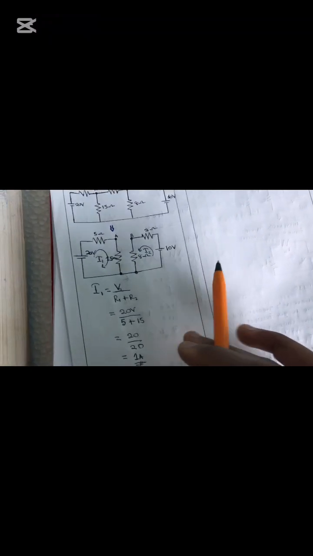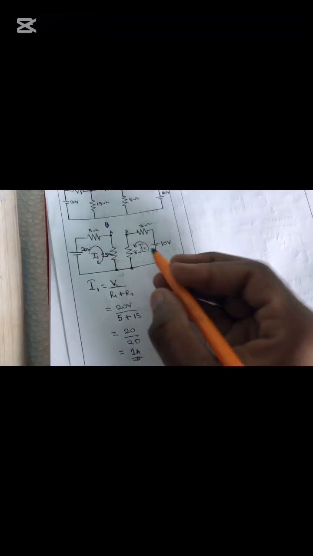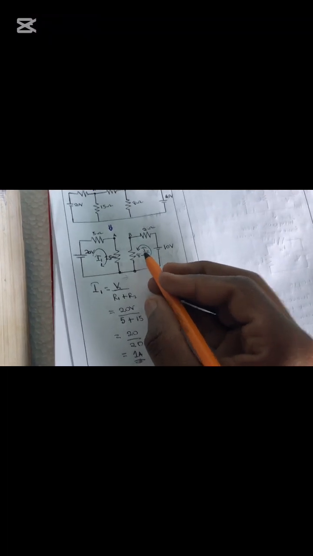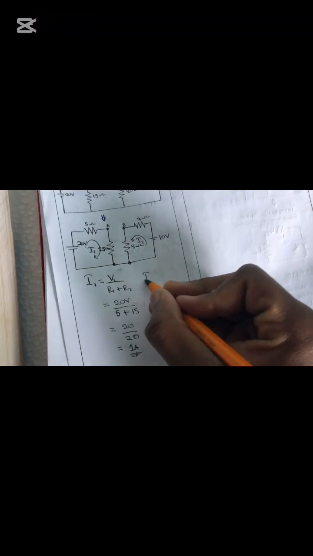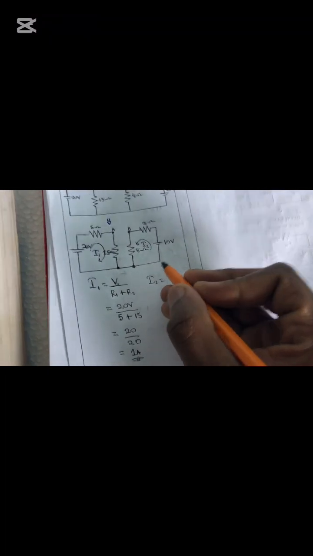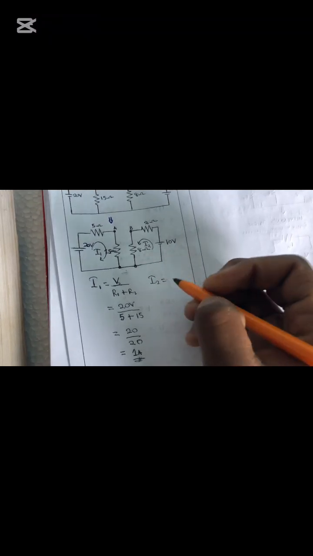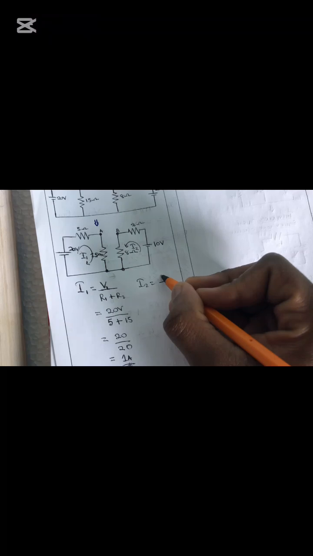And then we'll consider loop 2. So we'll consider I2. I2 will be equal to our voltage source. Let me say this is V1, this is V2.